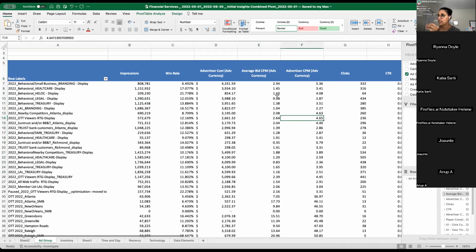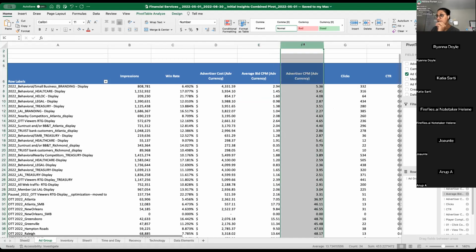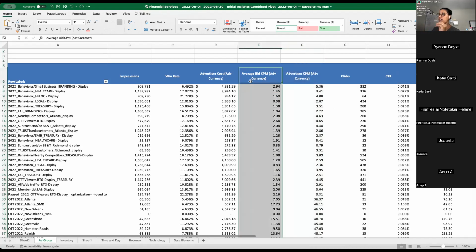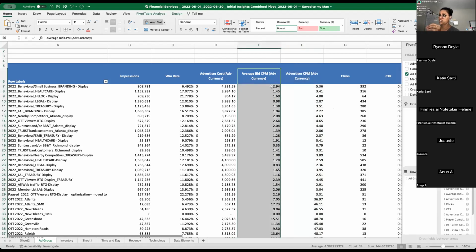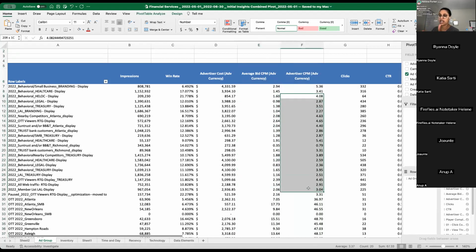And the CPM is the bid plus the data fee and plus any ad tech fee or partner fee that's related. That's why your CPM should technically always be higher than your base bid, okay? So this basically just lets us know how competitive things are and how much the client would be charged, okay? I don't need this for this example, so I'm going to go ahead and remove it.